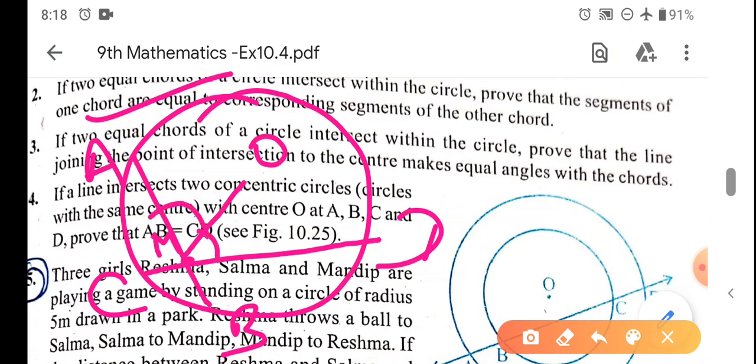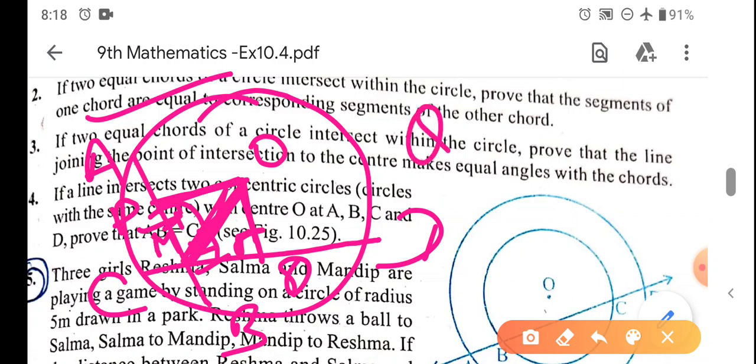You have to prove this angle 1 is equal to angle 2. Just as we have done question number 2, in the same manner you have to make these two triangles congruent. Let it be P, let it be Q. The chords are equal, so OP is equal to OQ, OM is common, and this is a 90-degree angle. So by CPCT angle 1 is equal to angle 2.